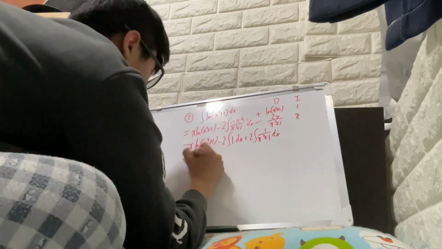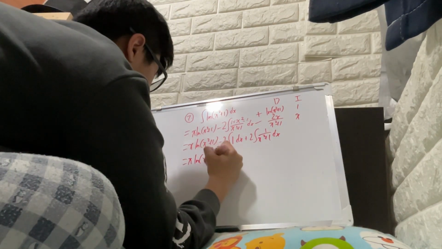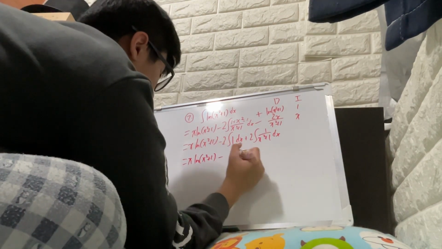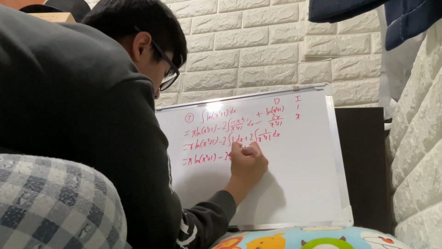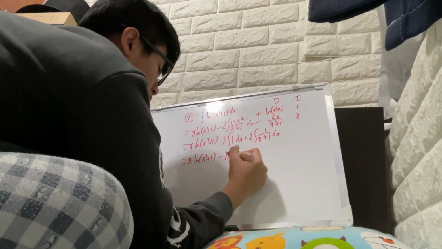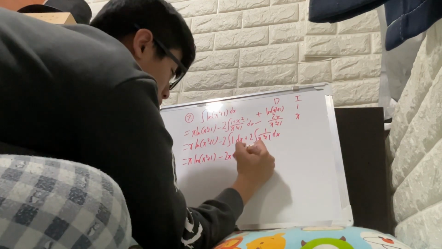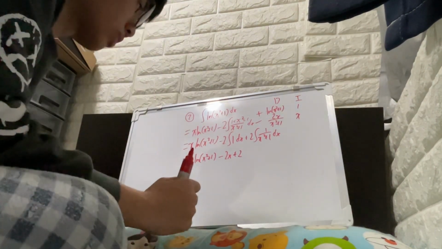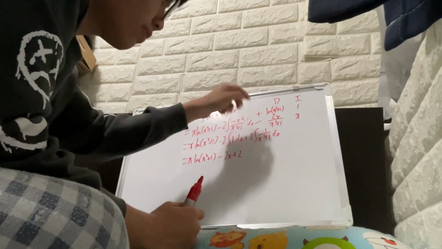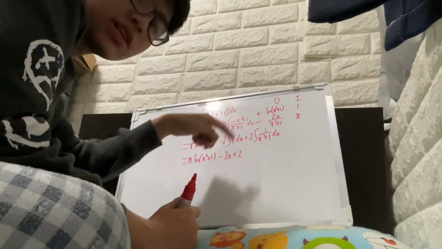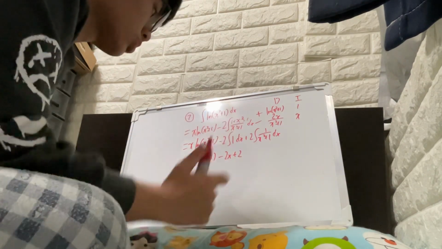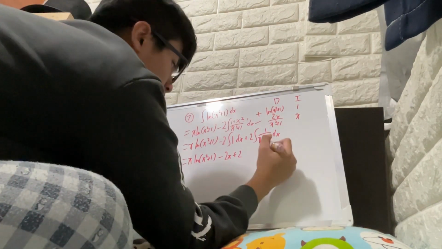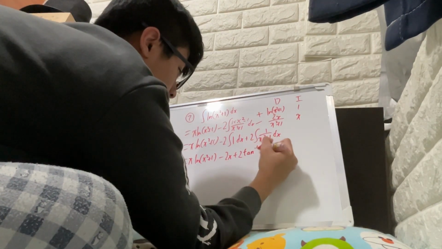So overall you get x times Ln of x squared plus 1 minus the integral of 1, which gives x, so you get 2x, and then plus 2 times the integral of 1 over x squared plus 1. Because the derivative of inverse tangent x is 1 over x squared plus 1, the integral of this is just inverse tangent of x.